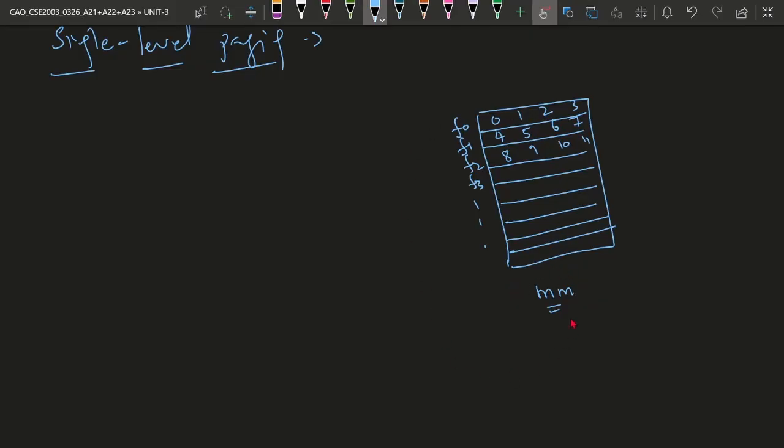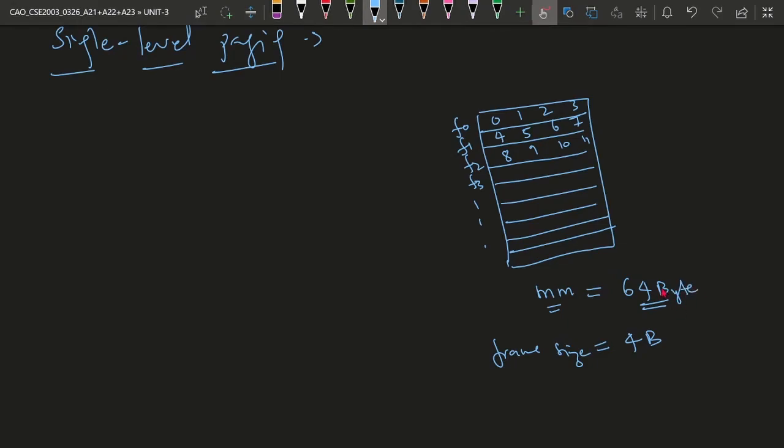For an example, we are considering that the main memory size is 64 byte, and each frame is storing 4 byte, so the frame size is 4 byte.